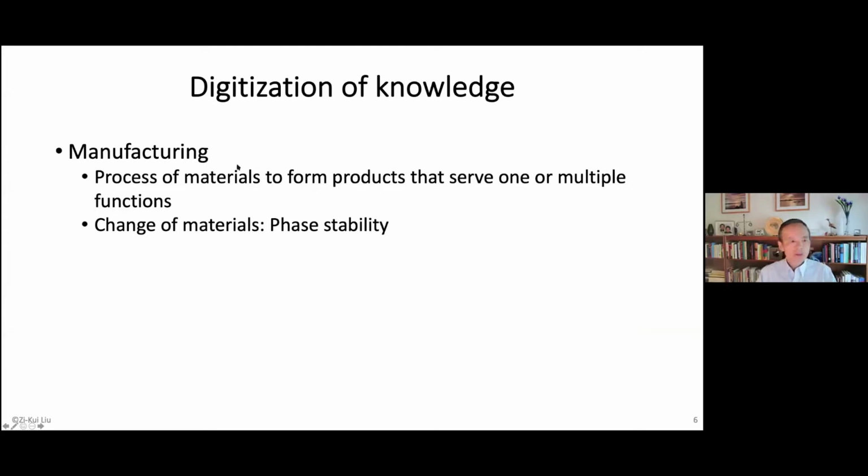Manufacturing. What is really manufacturing? It is basically about how you process material to form a product that serves one or multiple functions. And those functions are determined by the phases. When you change materials, you change the phases. You change it from vapor, liquid, solid, different crystals, right? That's when we talk about the copper-zinc, copper-tin system.